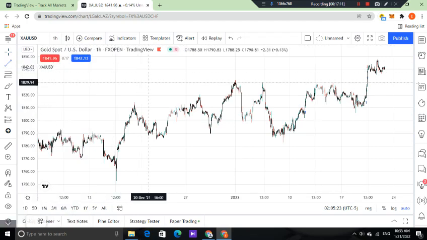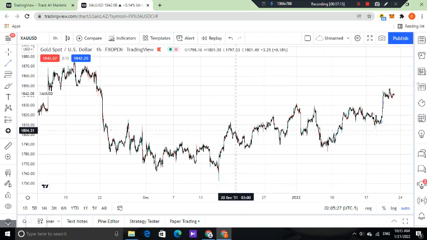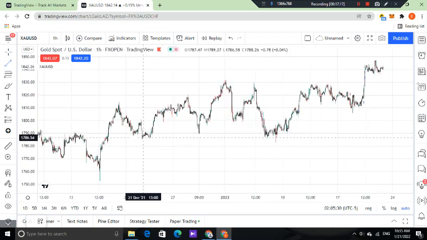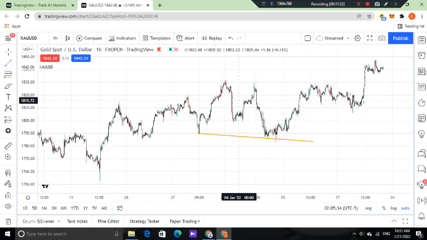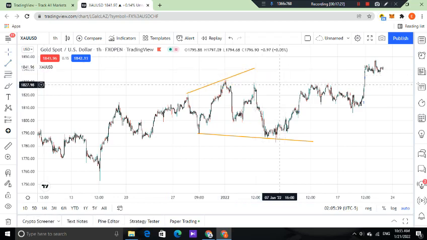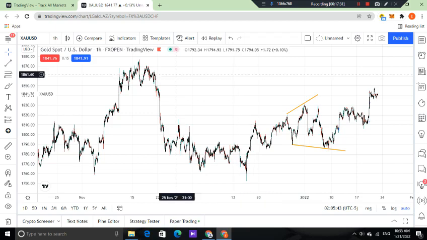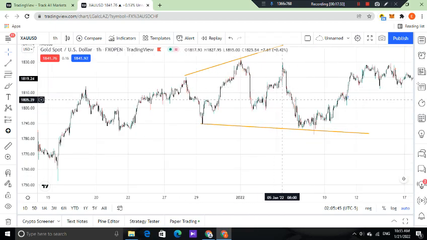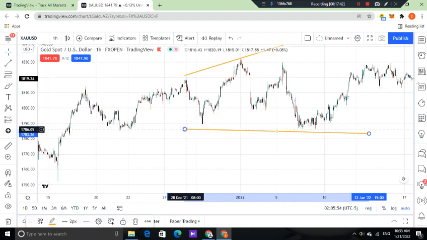If you draw a line, you have these lines in separate directions, but as I said, you need 3 pushes. We don't have those 3 pushes at these lines.